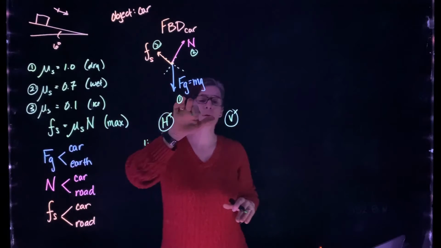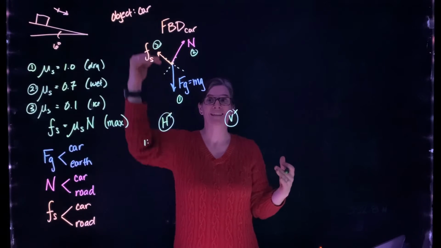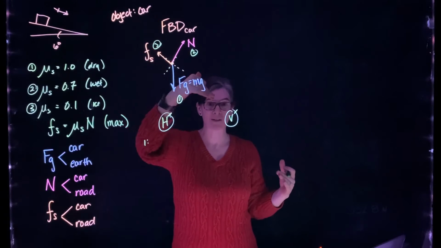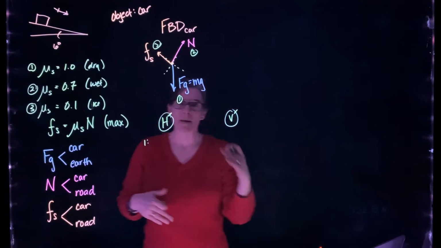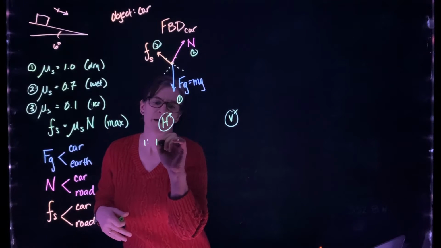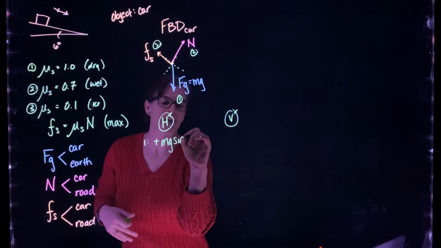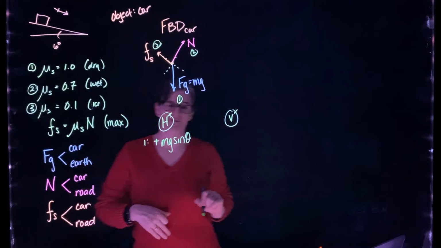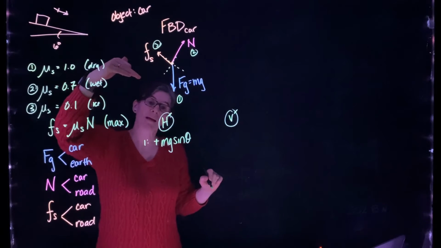When we do that, the force of gravity actually has a component in the direction of the motion, parallel to the ramp, and perpendicular to the ramp. Parallel to the ramp, that component is the force of gravity, or mg, times the sine of the angle. It's positive because I've defined the positive direction as down the ramp.